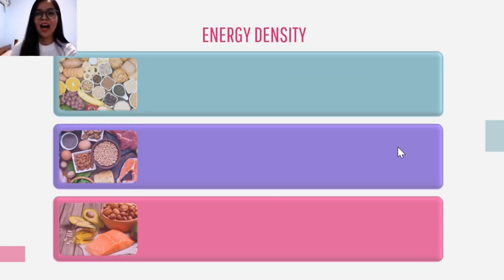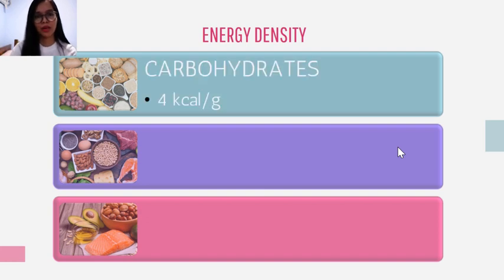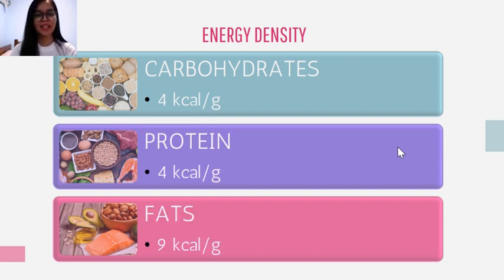Okay, so how much energy does the metabolism of our nutrients yield? It will depend on the nutrient. For carbohydrates, you have 4 kilocalories per gram, and for protein, 4 kilocalories per gram, and for fats, 9 kilocalories per gram.